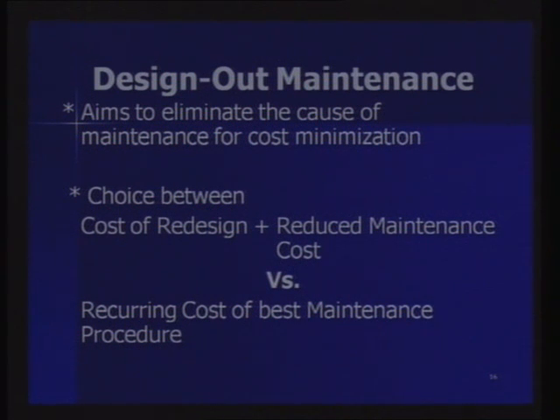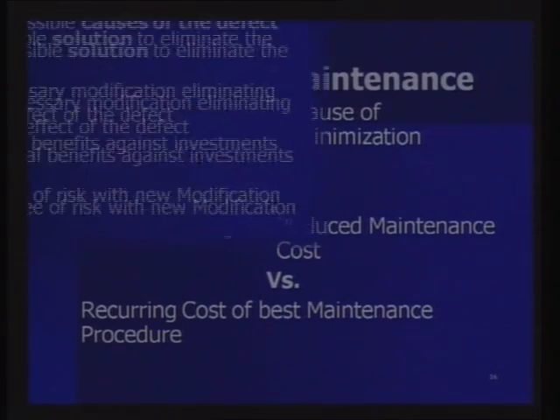So we look at the problem from that perspective, that the cost of redesign will reduce the maintenance cost. But still there will be maintenance cost, though reduced. This is one cost, and if we don't do it, what is the cost? The recurring cost of the best maintenance procedure. So it is a trade-off, a choice between the two aspects: the cost of redesign plus reduced maintenance cost versus the recurring cost of the best maintenance procedure. This we call design out maintenance.